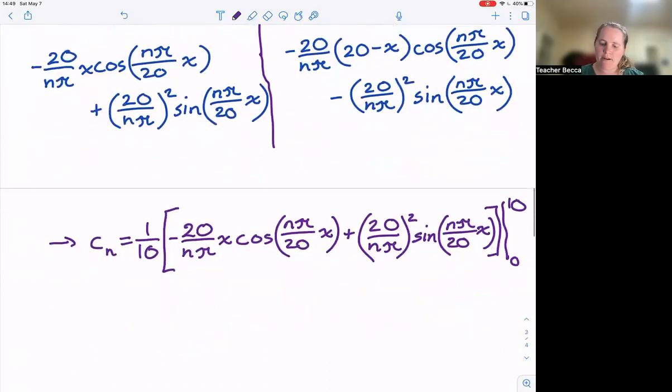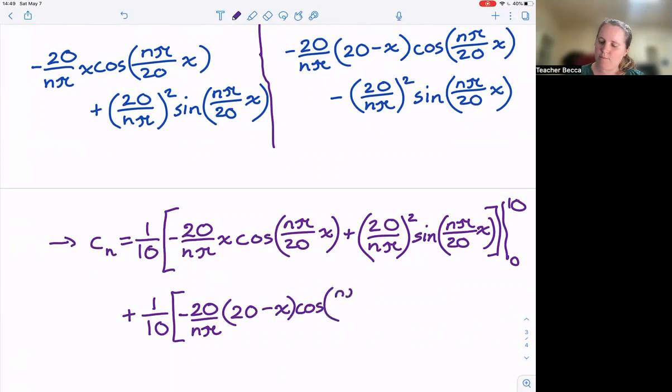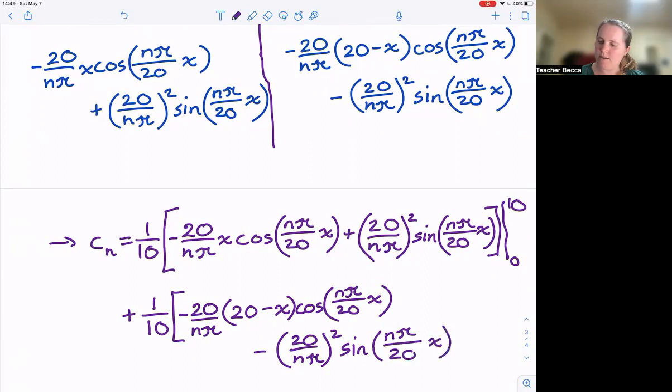To that we will add 1/10 times negative 20 over n pi multiplying 20 minus x times cosine n pi over 20x minus 20 over n pi, the entire fraction squared, times sine of n pi over 20x. And again here, now we are evaluating at 10 and 20.